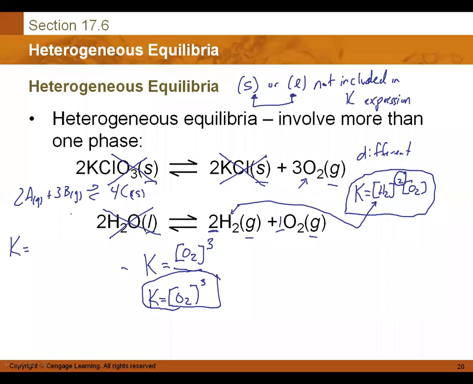So if we were to look at this one, when we take our products over our reactants, the one on the bottom is for the top reaction, so that's for the top. And that's for the bottom. So when we look at our product side, though, it's a solid, so we would not include it. So the way we would handle that is we would do 1 over our reactants in this case.